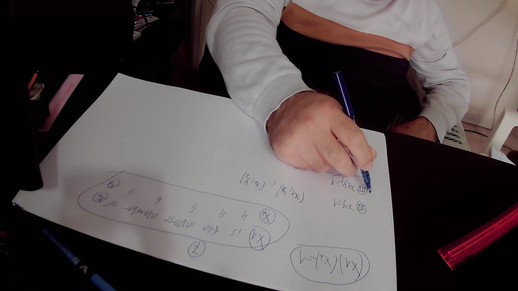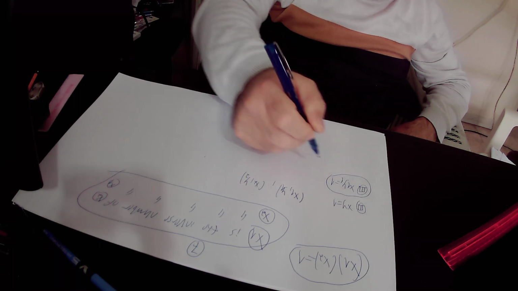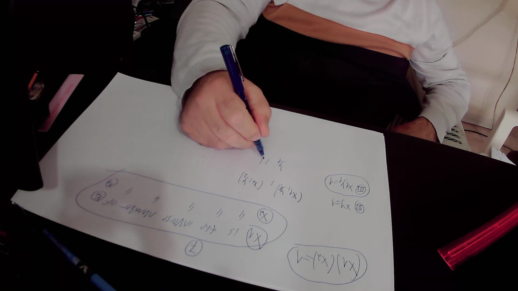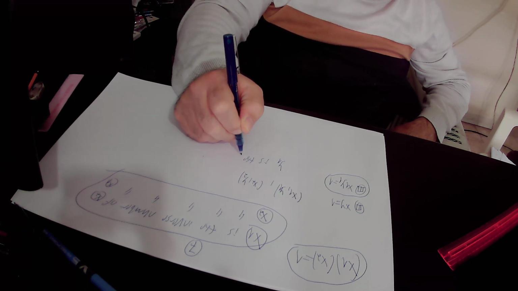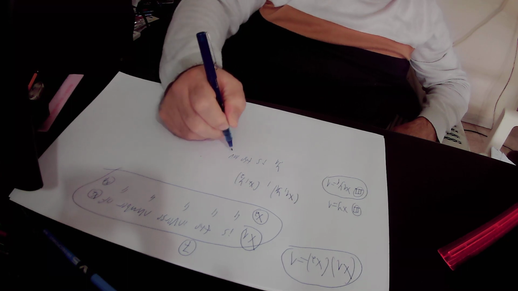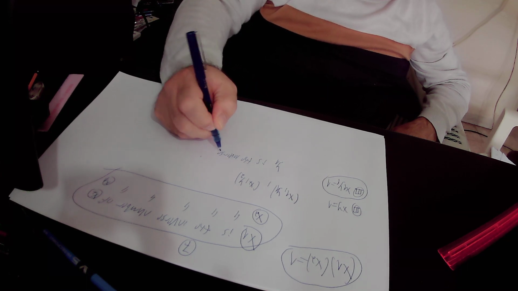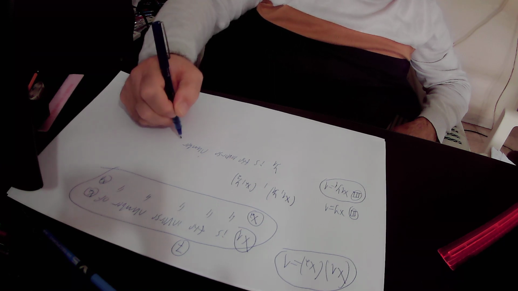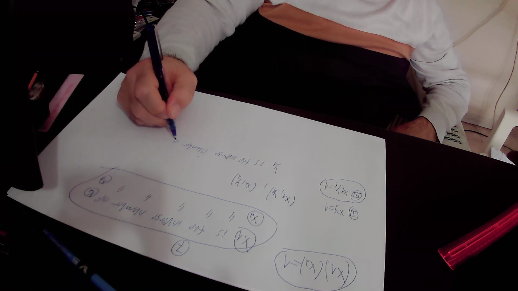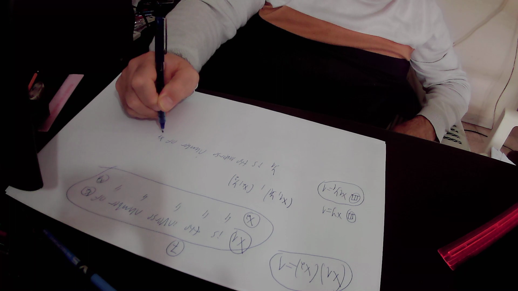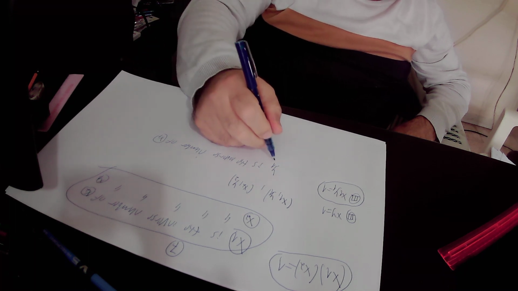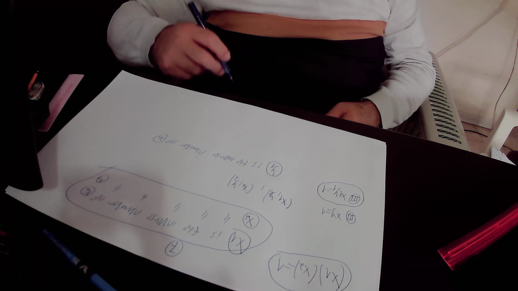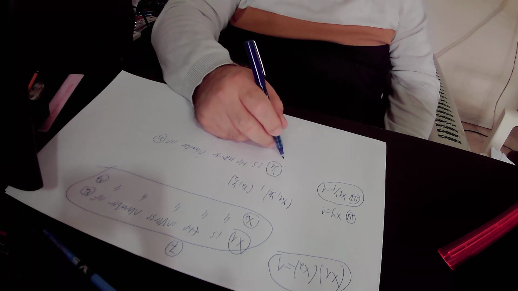So what does it mean? It means that y1 is the inverse number of x1. But we have already found out that x2 is the inverse number of x1.